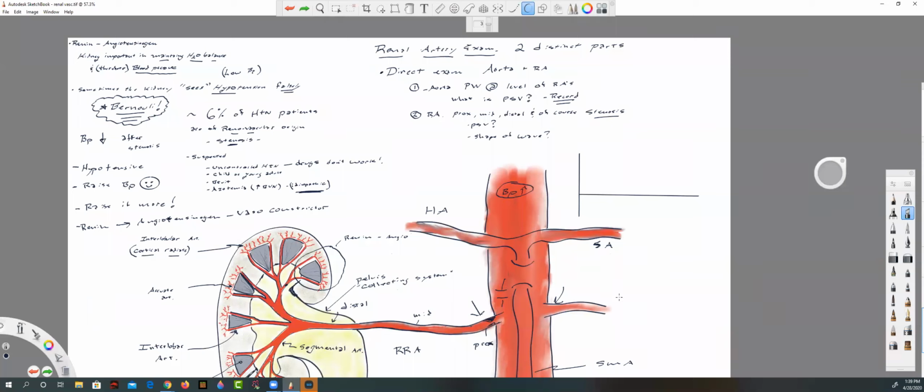Always doing the best we can to have the smallest Doppler angle. Never over 60, but unlike the aorta, the carotid artery, we stuck to 60. That's only the carotid artery. There is no other system I can think of where you stick to 60. It is actually better to be below 60.